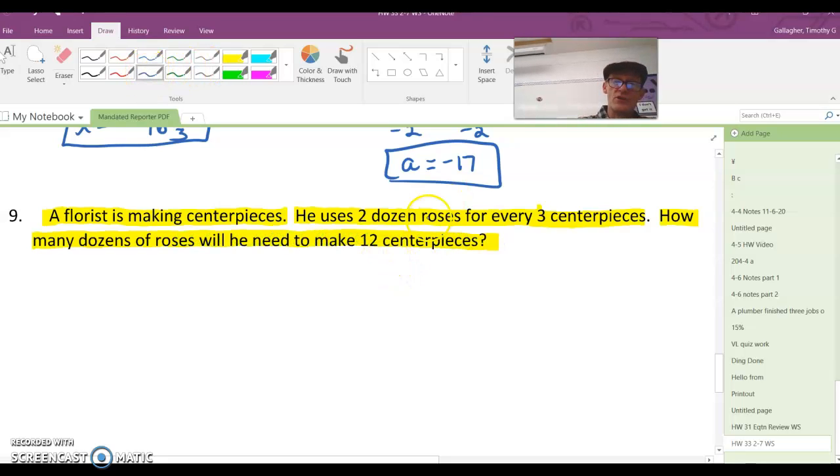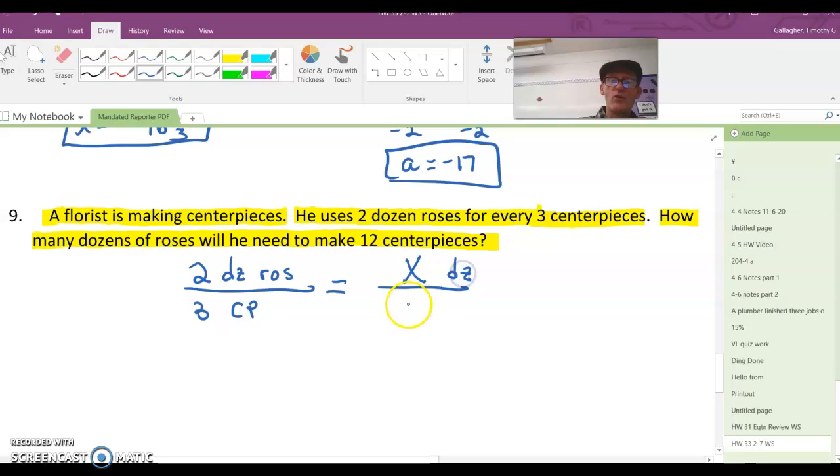So this is a proportion here, written out like this: 24 roses, so you can kind of abbreviate a little bit, gives us 3 centerpieces. All right, now that's set up to equal how many dozens of roses, so x dozen over 12 centerpieces.